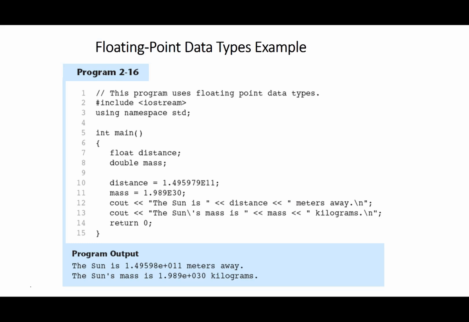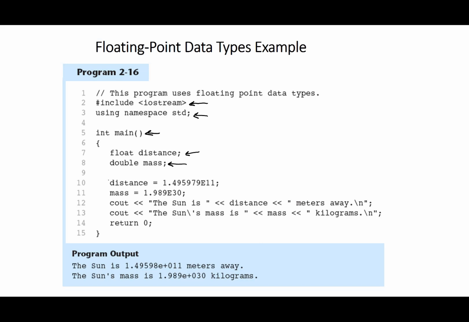Okay, let's look at an example of floating point data types. This is an example program, and we have our usual pound include iostream because we're using cout, the using namespace std, and then our main function. We have a couple of variables that we're declaring. One of them is a float, which is a distance, and then we have a double mass.